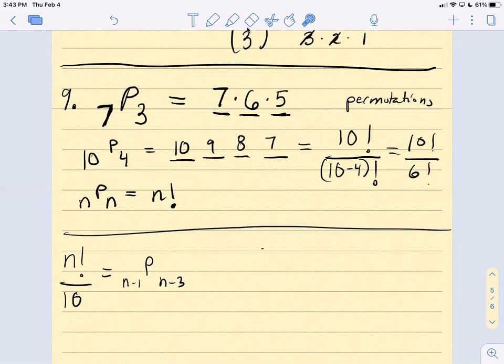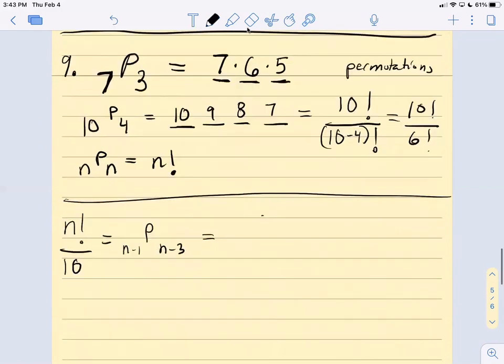One thing you can do is use this pattern. By the way, (n minus 1)P3 is pretty easy. That's just n minus 1, n minus 2, n minus 3.